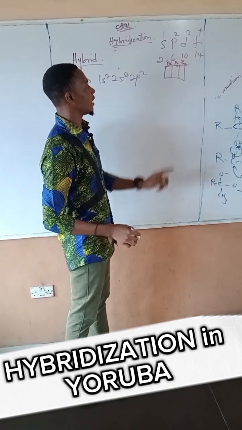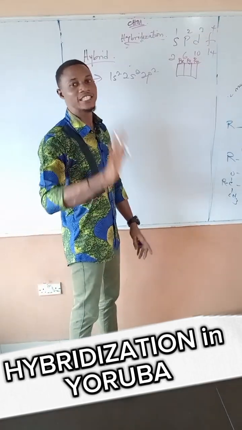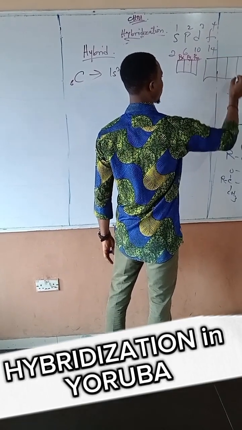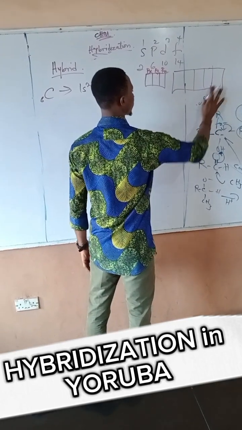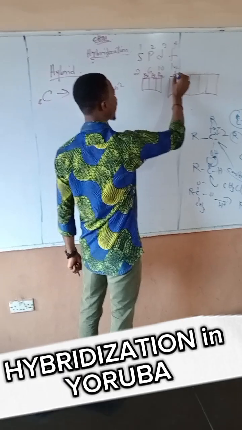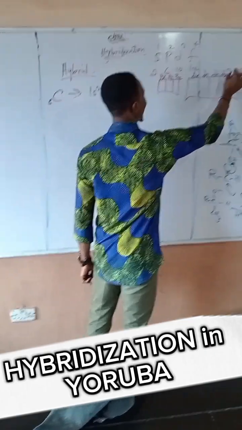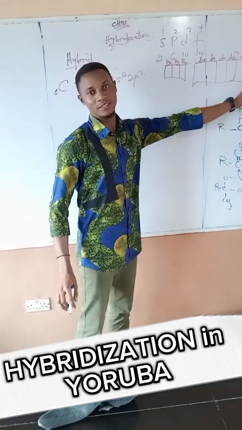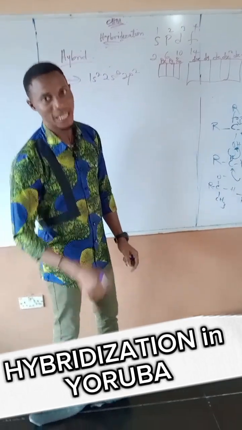For orbital D, its suborbitals are 5: 1, 2, 3, 4, 5. So we have dxy, dyz, dxz, dx squared minus y squared, and dz squared, 5 in all. The same thing for F orbital: that one has 7 suborbitals.